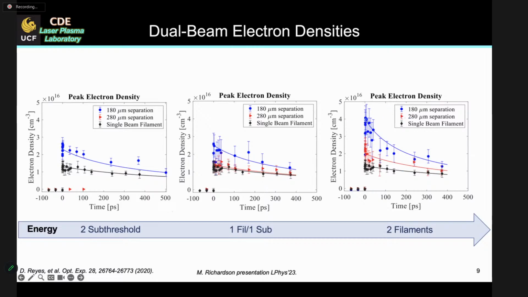You see that in the blue line case here, the electron density starts off significantly higher than the clamped electron density for a single filament, but quickly dies down within a couple of 100 picoseconds to lower electron densities.